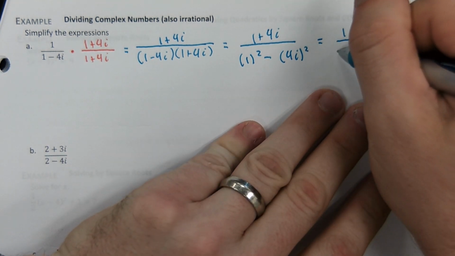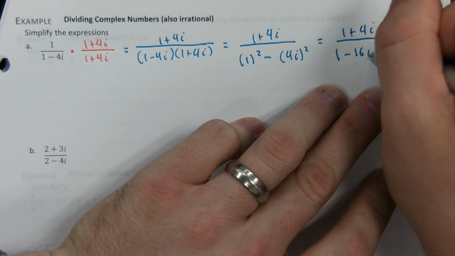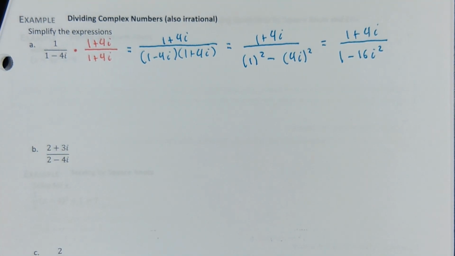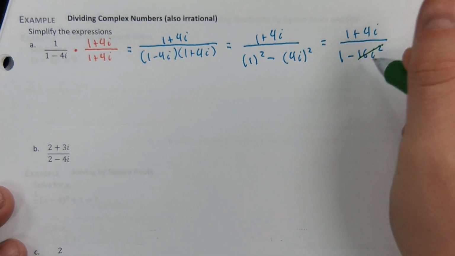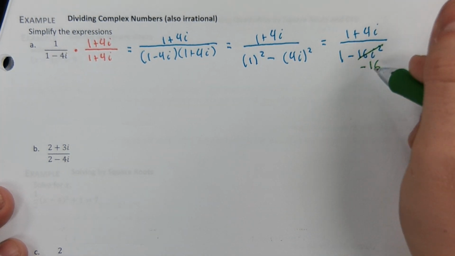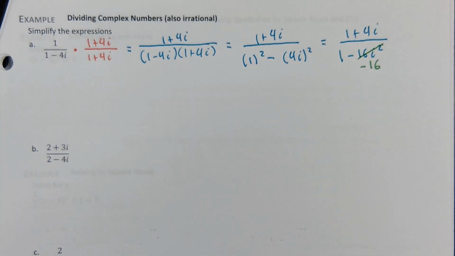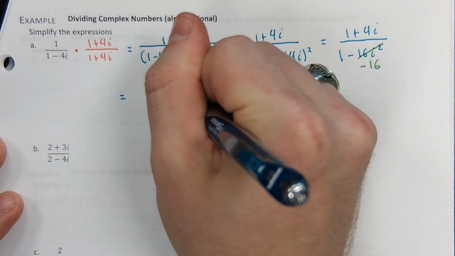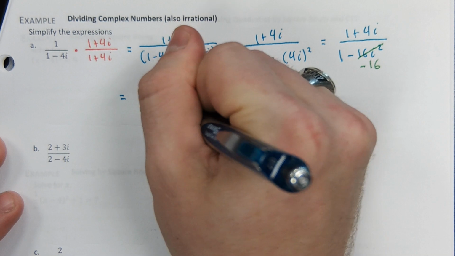So my denominator is 1 minus 16i squared. But since i squared is negative 1, it'll be 1 plus 16, because it's actually 1 minus negative 16. That will give us 1 plus 4i over 17.